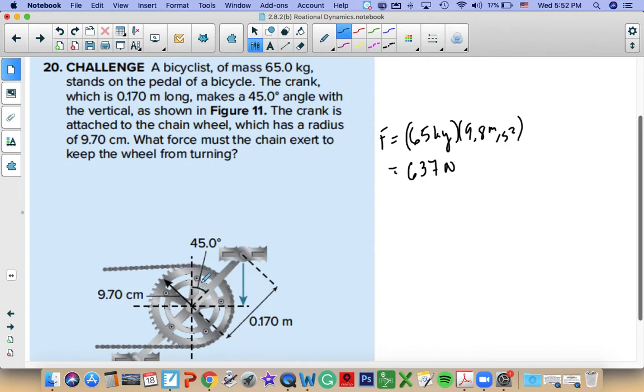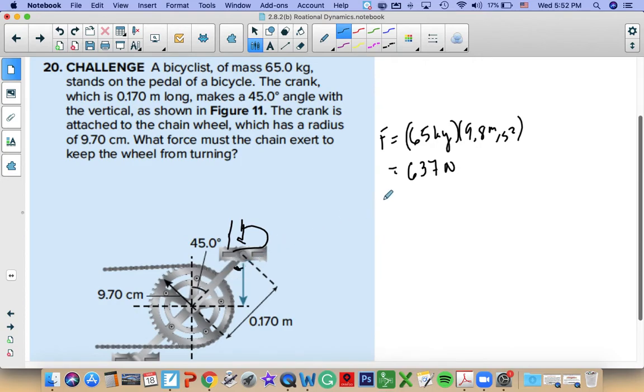So we're going to find the force exerted on that pedal right there. It's 45 degrees there. That's the number we're going to be using again, because if we have our foot there pushing down on the pedal, that's going to be 45 degrees as well.